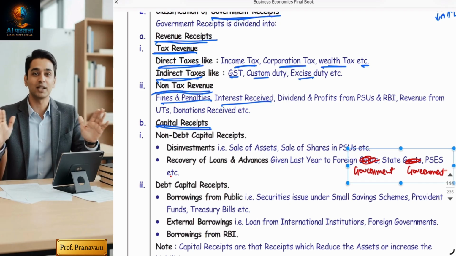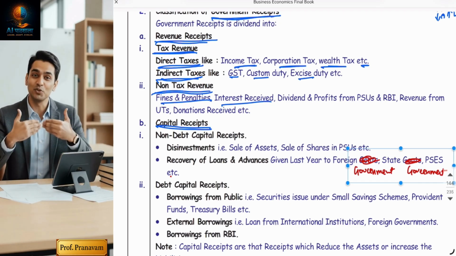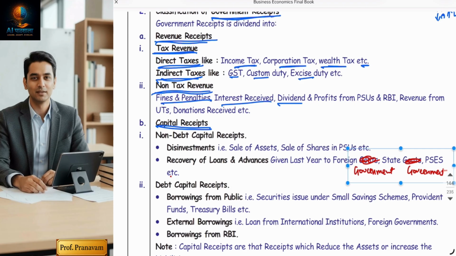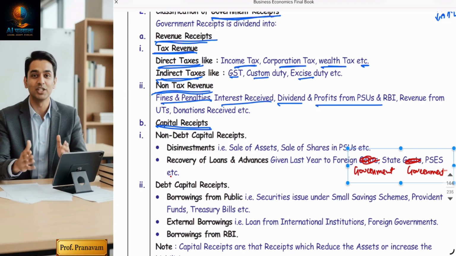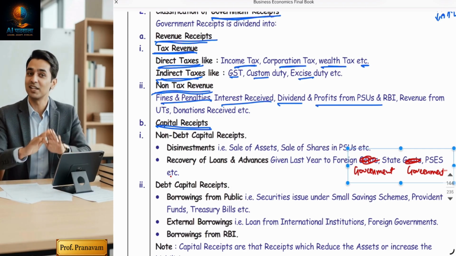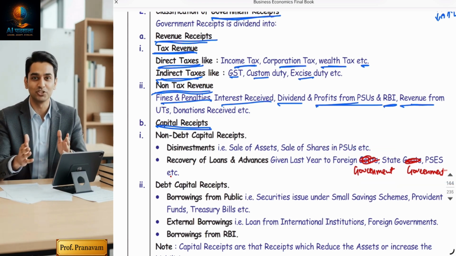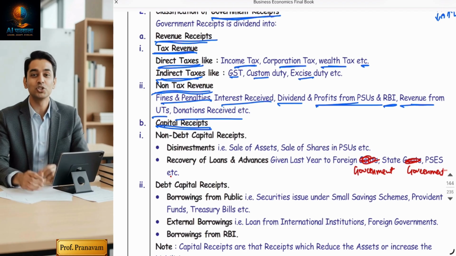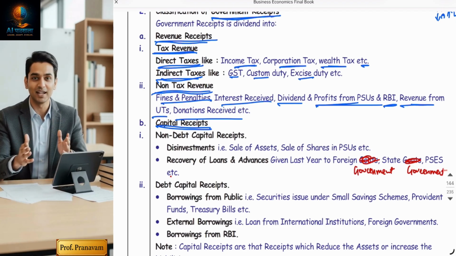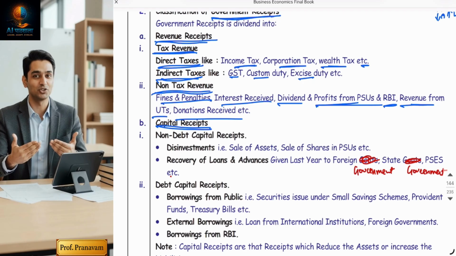Interest received: government has made various investments in the country, so they receive interest and enjoy dividends. Government is running various public sector units, its companies, and from there they enjoy profit. Then RBI revenue, donations received. Poor countries always get donations from rich, developed countries.